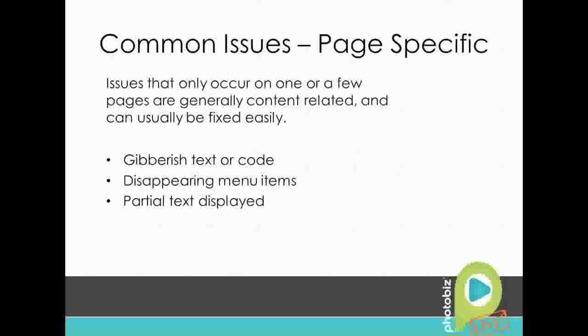The most common things that you might see that are page specific is you might see some gibberish or code appearing along the top of your screen. You might have menu items that periodically appear and disappear. You might see some of your text on your content pages is displayed and some isn't. So we'll take a look at each one of these and I'll show you how you can fix those.